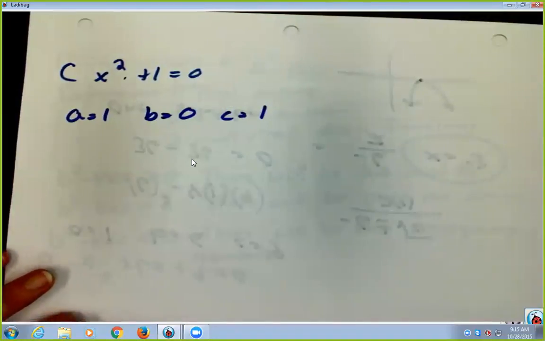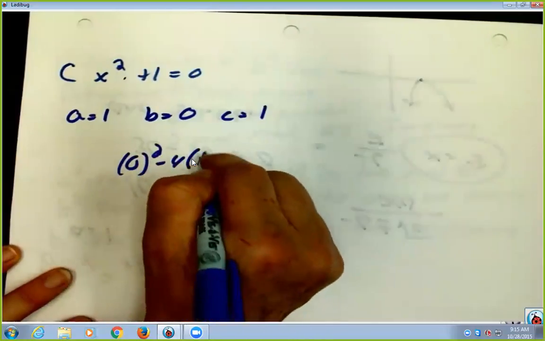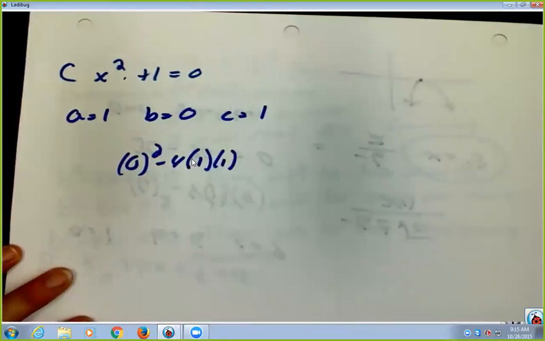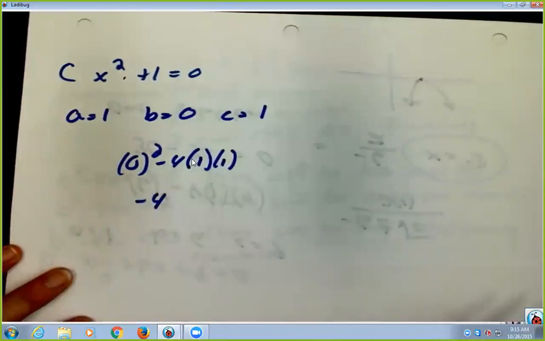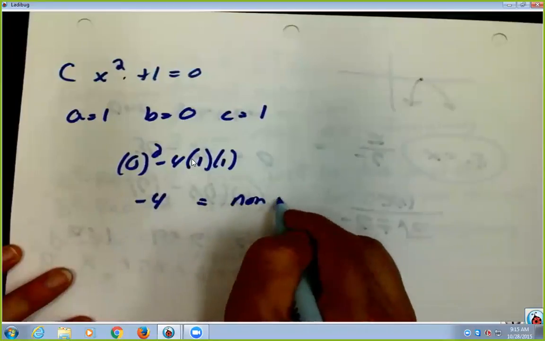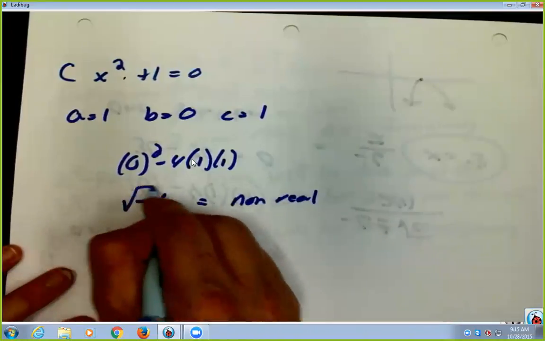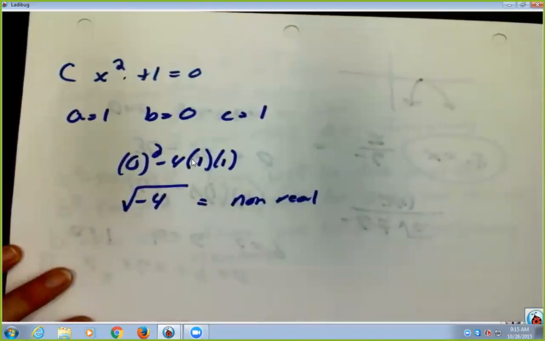If I do my discriminant, I have 0 squared minus 4 times 1 times 1. So I end up with a negative 4 is what's left in there, which is non-real, because remember, it's always the square root of it. So I know that's going to be an imaginary one if I worked it out.